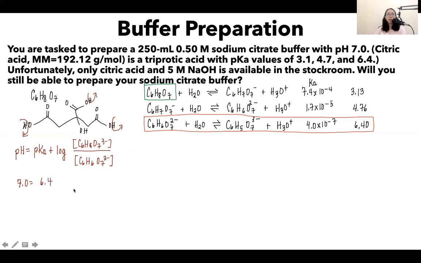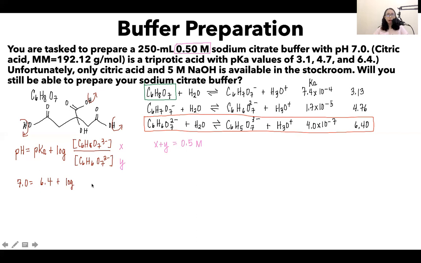Now, what we do here, okay, we represent this concentration of citrate as X and the concentration of C6H6O7 2 minus as Y. Now recall that the given concentration of a buffer is the total concentration of our components, which means that X plus Y is equal to 0.5 molar, right?